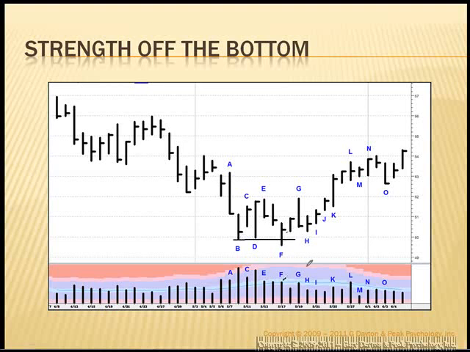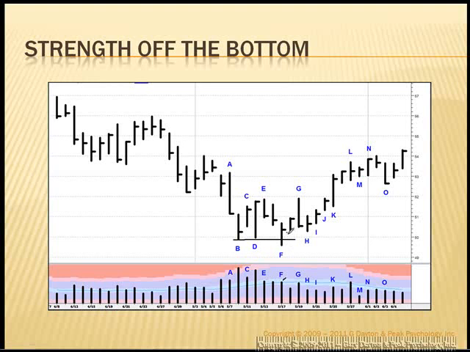And the volume is pretty good, right? Only one thing does that, and that kind of completes the buying that we see that has been going on since B. It's saying that there really is no more selling left in this market, and that this would be a spot.